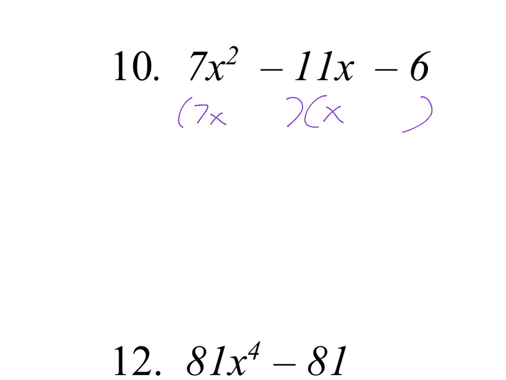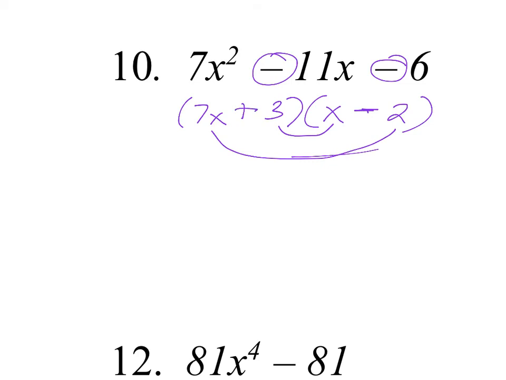So how about 7 times 2 is 14, and then I subtract the 3. Yep, that works. So 7 times 2 minus 3 times x, or 3 times 1. Okay, now, different symbols. The larger is negative, so that is my 14, 7 times 2. So the negative comes here, and the plus is there. 7x plus 3 times x minus 2.